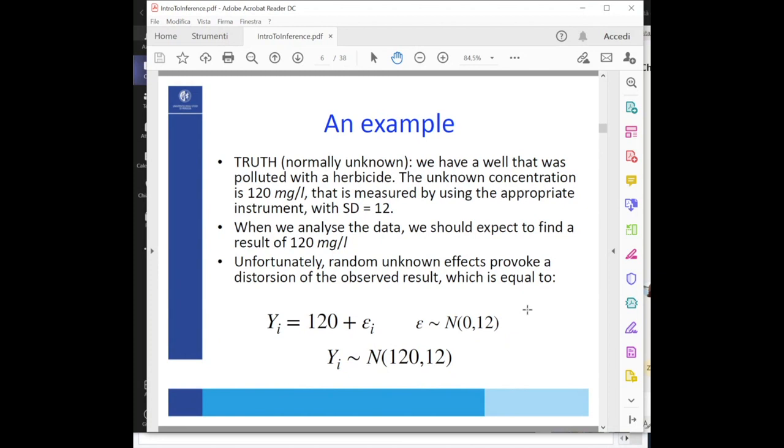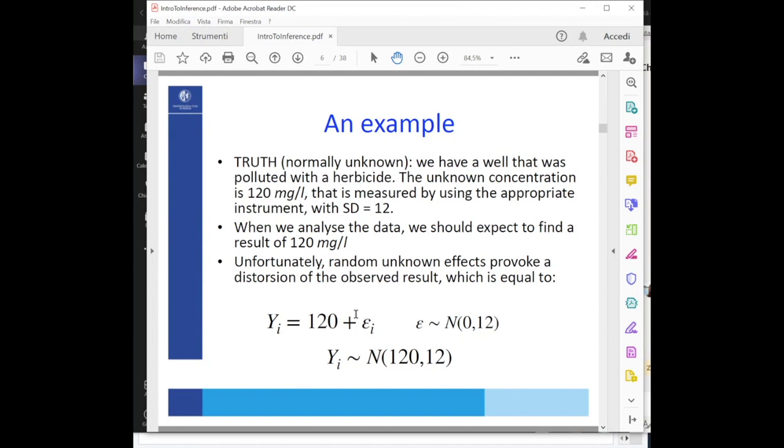What we observe is something different from 120, because there is a random element attached to every observation. So we observe 120 plus a value unknown, totally random, that is different for all observations. This is random, and we can't model it, but we can calculate the probability.